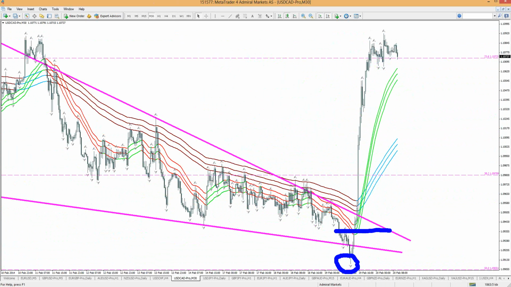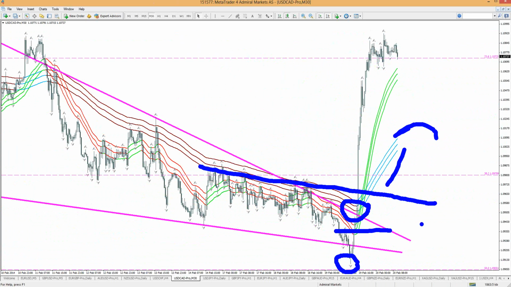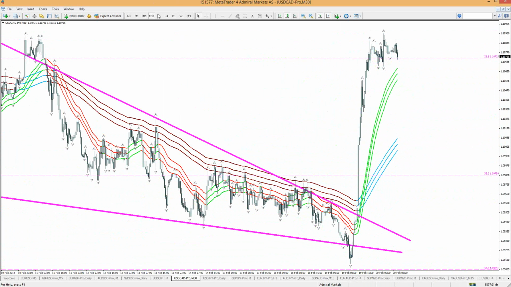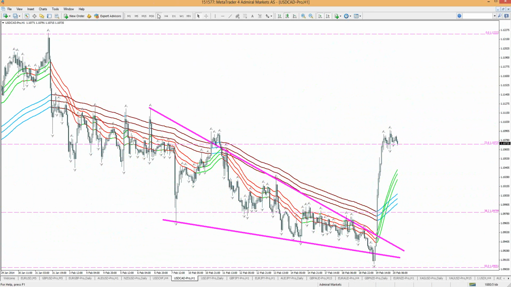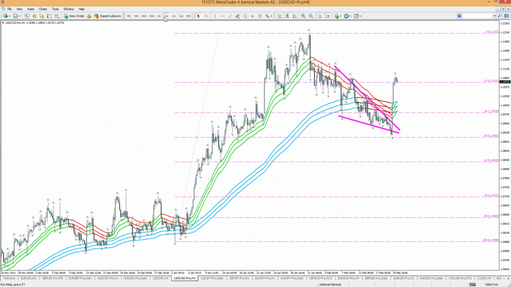The break above the fractal here, the break above the falling wedge, the break above this resistance, depending on your trading plan, depending on your ideas. But that was a great trade. Dollar CAD weakness was very nice against this dollar as well. That's how chart patterns can help us with identifying potential reversals.